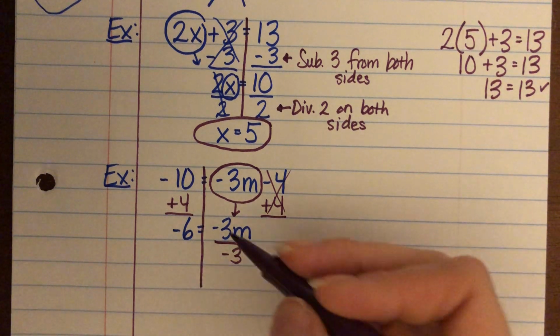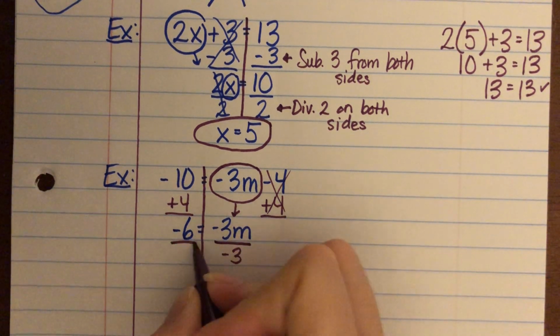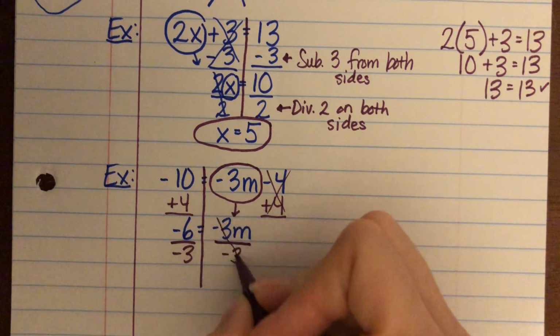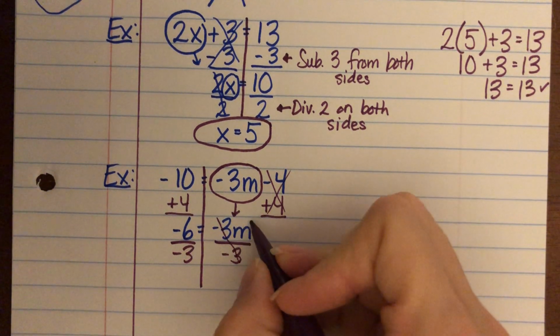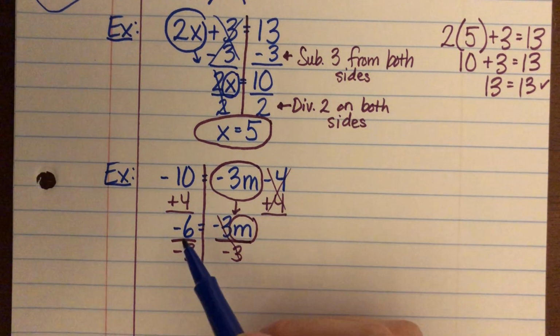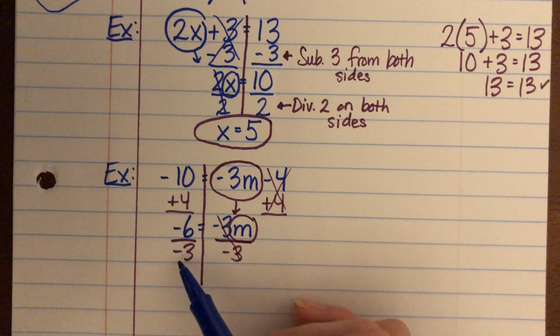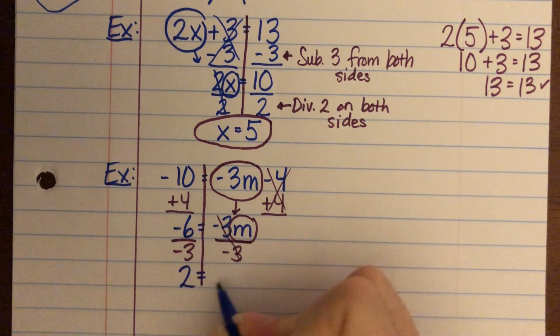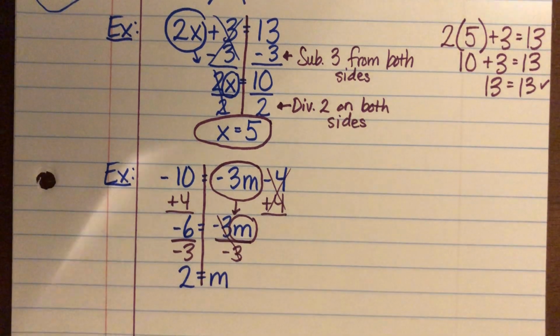But you're missing an important piece there because that is negative 3. Now, negative 3 divided by negative 3 is just 1. So that kind of cancels itself out and we're just left with m. And then when I come over here, negative 6 divided by negative 3 is a positive 2. And then we're left with m.